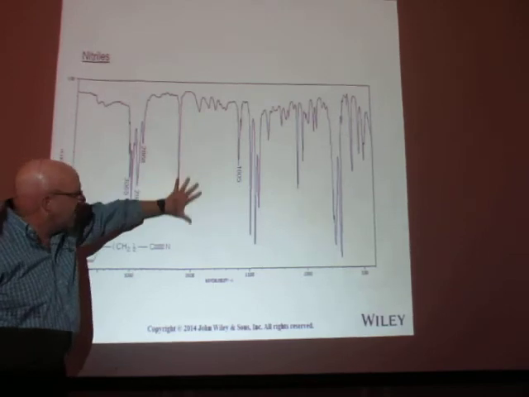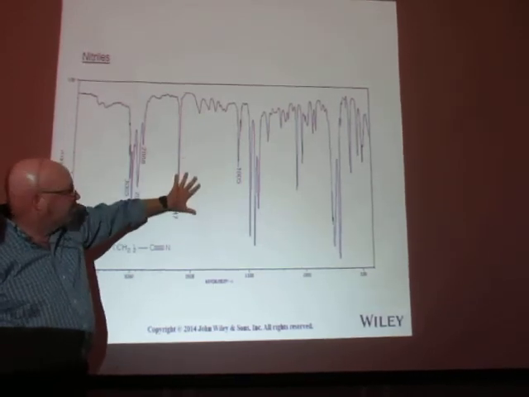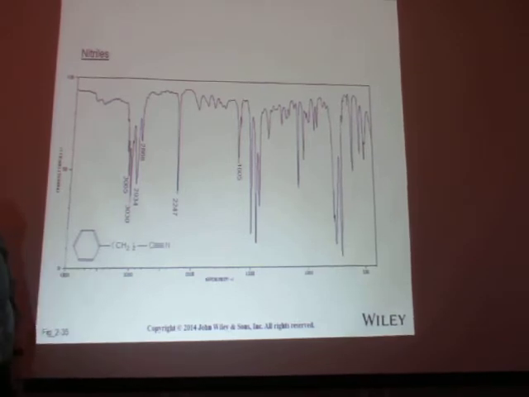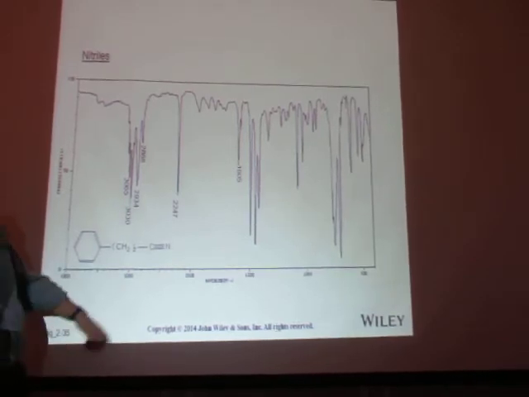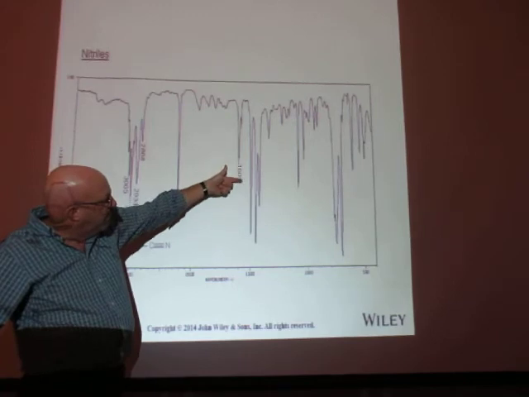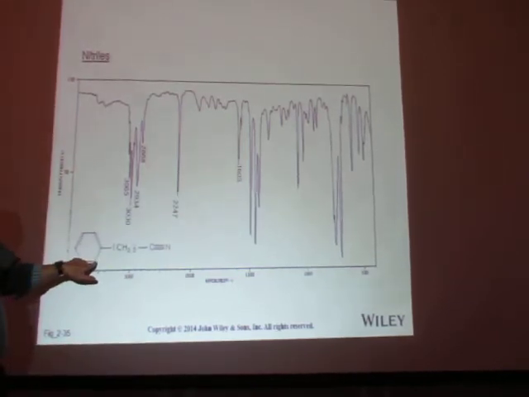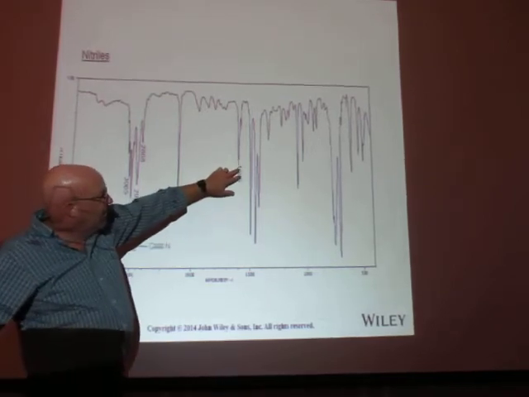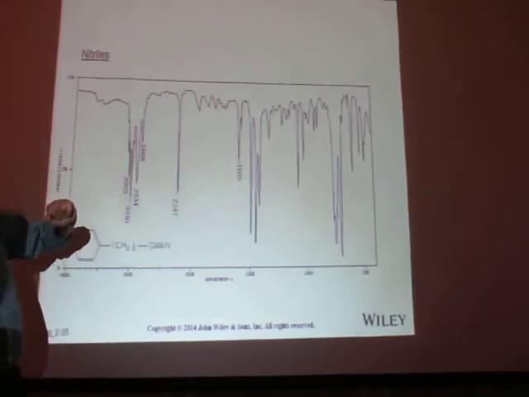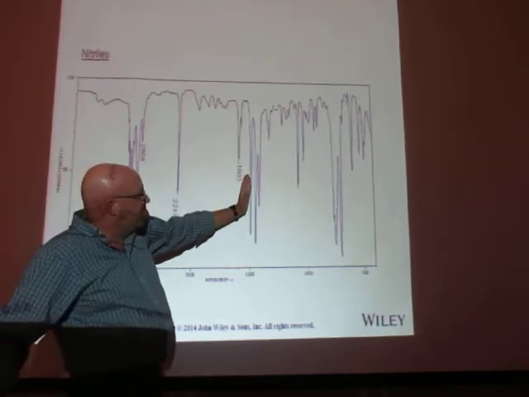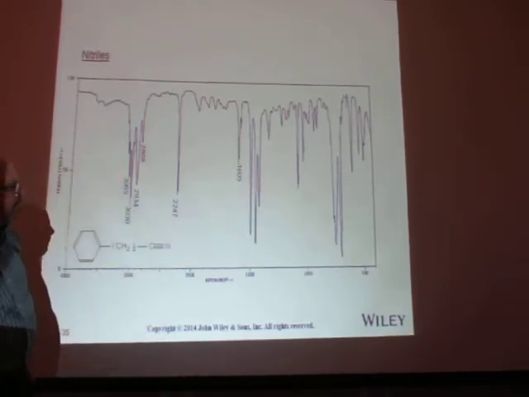There's nothing that ever comes in this region except triple bonds. There's nothing even close to it. They really stand out. We can pick out another peak, 1605. That's a carbon-carbon double bond stretch from the phenyl ring. It's a little bit lower than normal because of the resonance of the phenyl ring. Everything else is 1500 and below, not of concern.